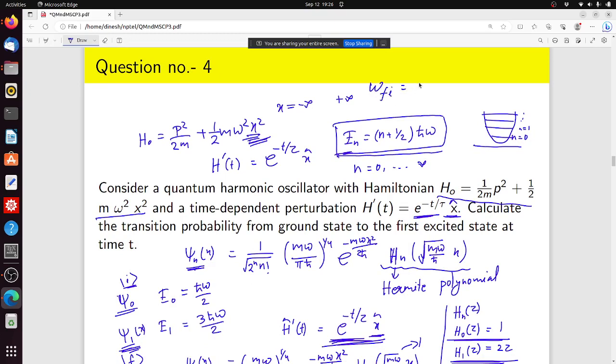Yes, sir, omega fi. So for i we took n equal to 0, for f n equal to 1, so it's e1 minus e0. This for en I already gave, so what will be the omega fi value?